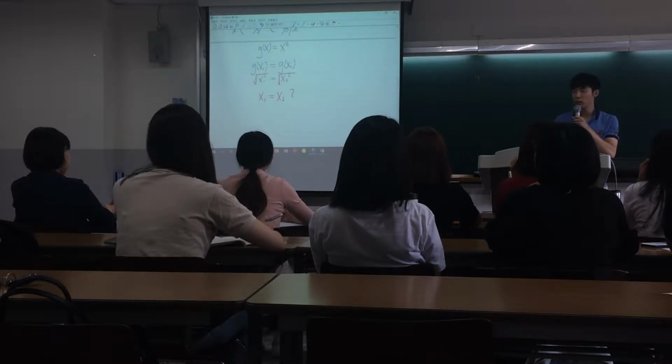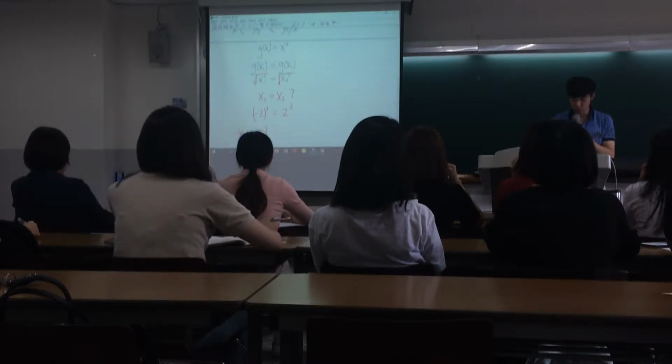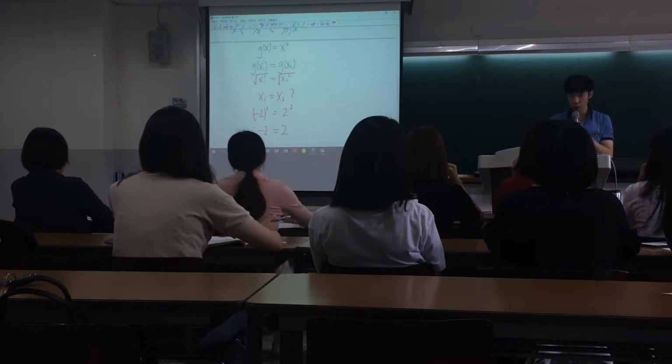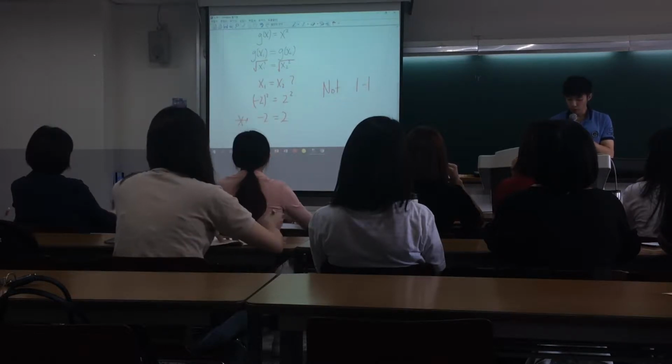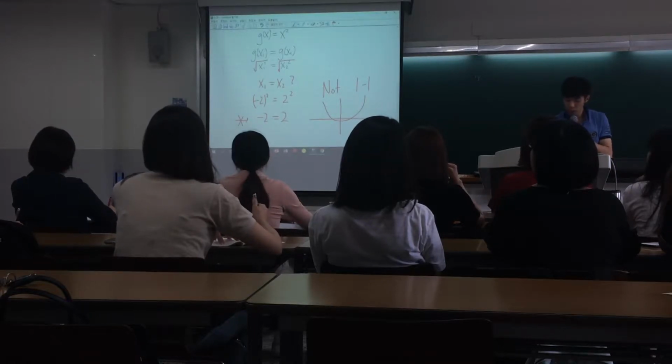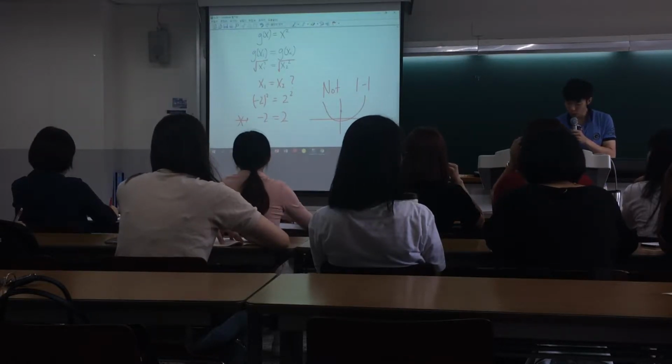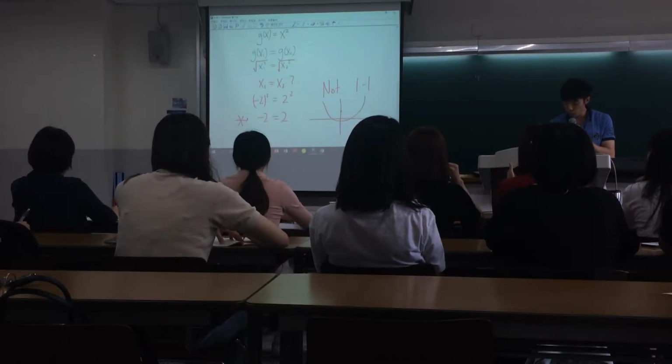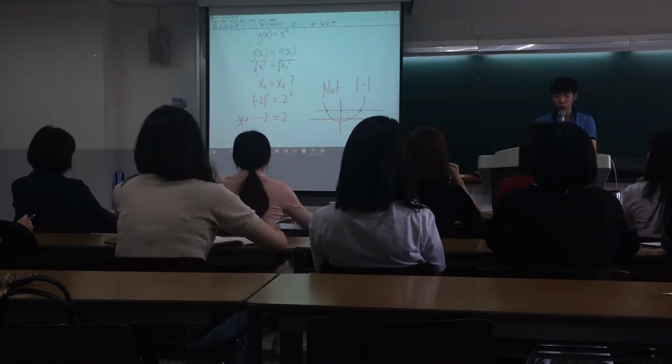No, we can't, because, for example, negative 2 squared is equal to 2 squared, but that does not imply that negative 2 is 2. Therefore, this function is not one-to-one. On a graph, for any point, but there only needs to be at least one point, if we draw a horizontal line, the line intersects the graph twice.